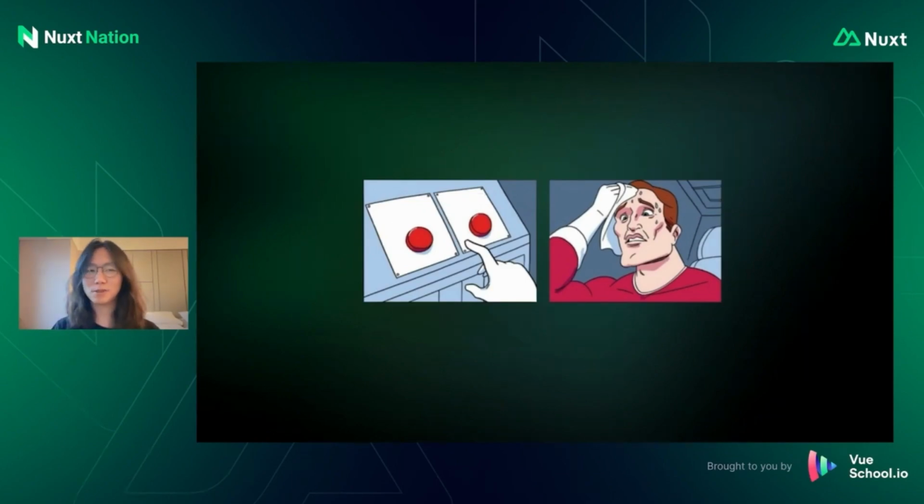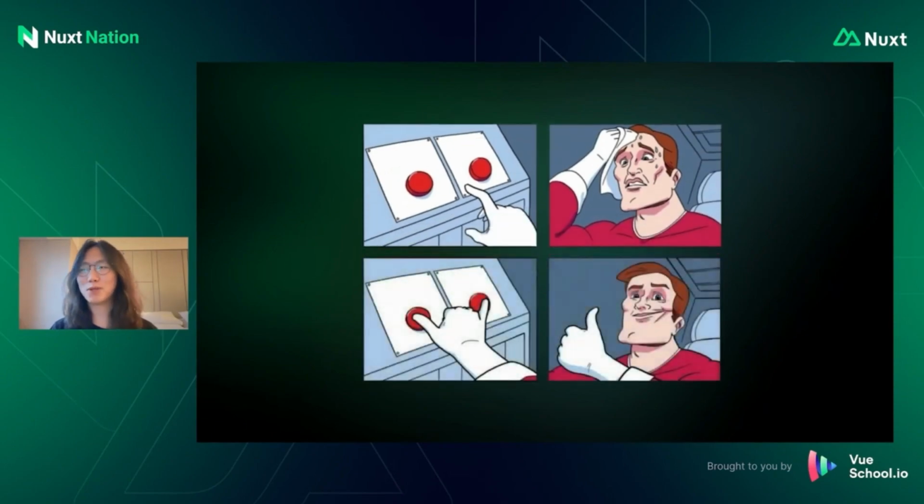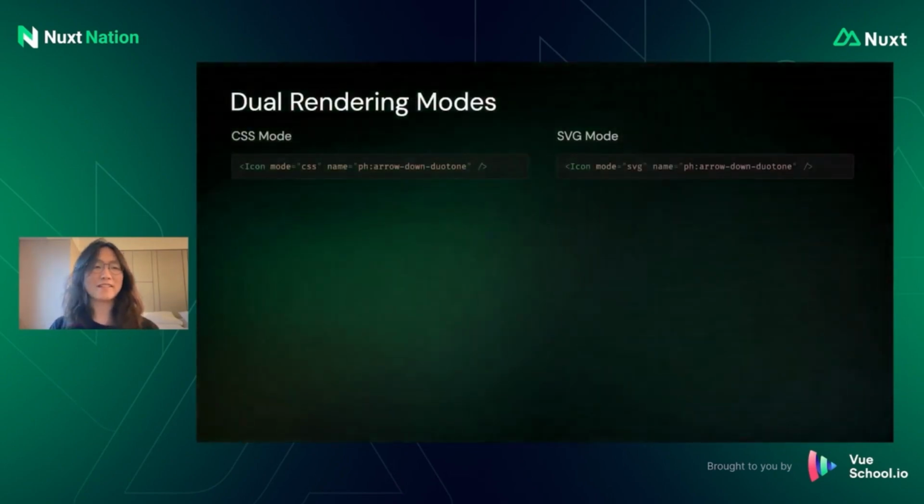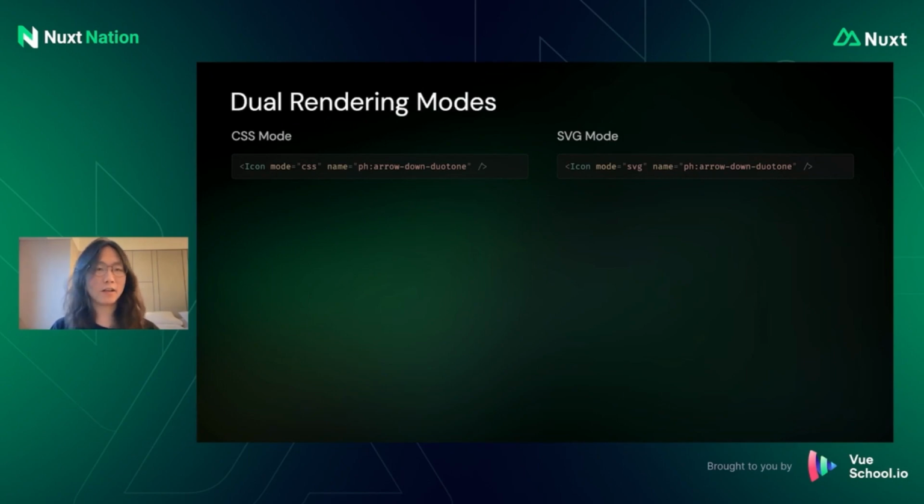So why don't we choose both? To do that, first, we want to ease the trade-off of the rendering approach. In Nuxt Icon, we provide an icon component that supports both CSS and SVG mode. Both are SSR friendly.